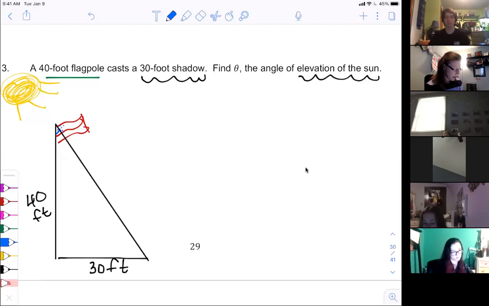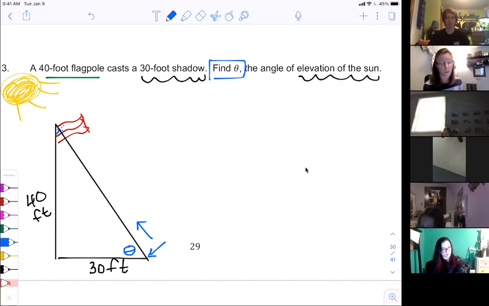So if you were standing at the end of the shadow, you would be facing upward to the sun. Now, you're not supposed to look at the sun, but that's where the angle would be located. So I'm standing at the end of the shadow, looking toward the top of the flagpole. The angle of elevation is the one that looks to the top of the flagpole or up to the sun, because you're elevating your head to look up to the sun. So our goal is to find that angle theta. I just wrote it as theta because I don't know what it is.